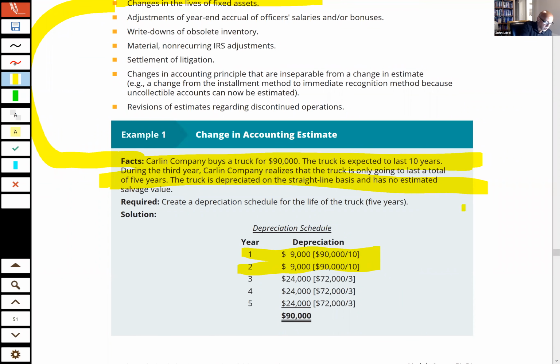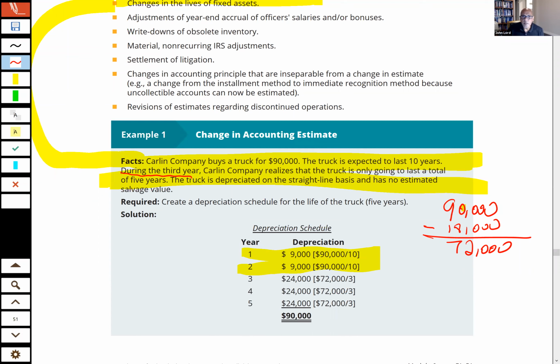So if the original cost was $90,000, and we've taken $9,000 for year 1 and $9,000 for year 2, at the start of year 3, it has a book value of $72,000, right? Now they tell us that during year 3, very important here, guys, because you're maybe not focusing as tightly as you would when you're working a question.